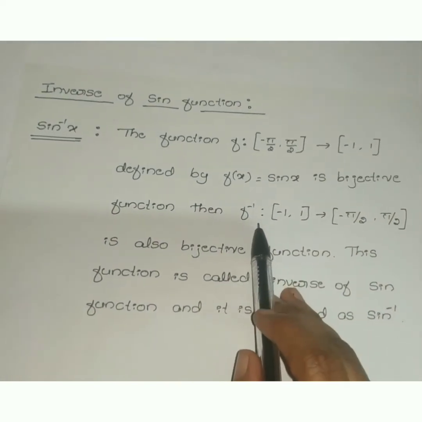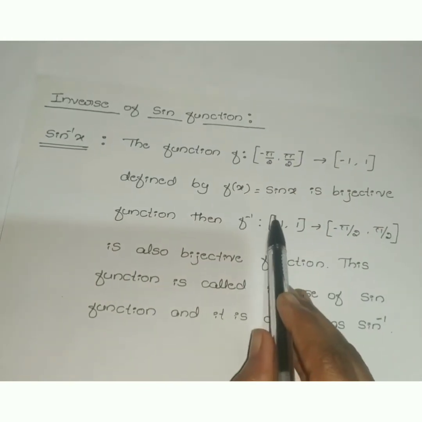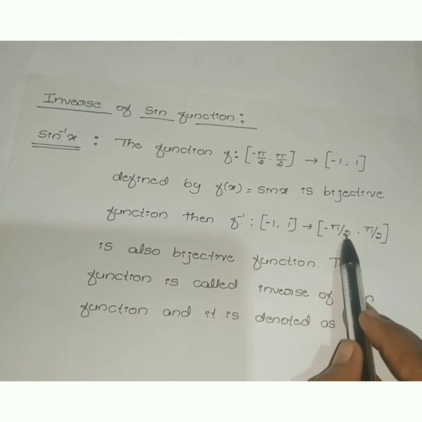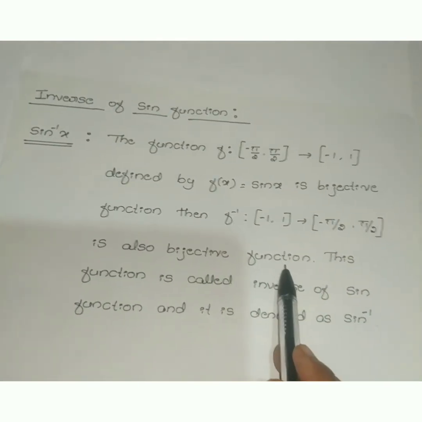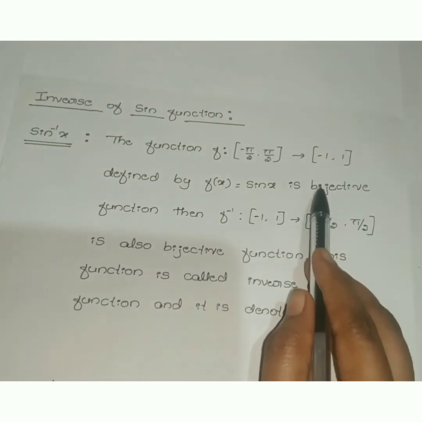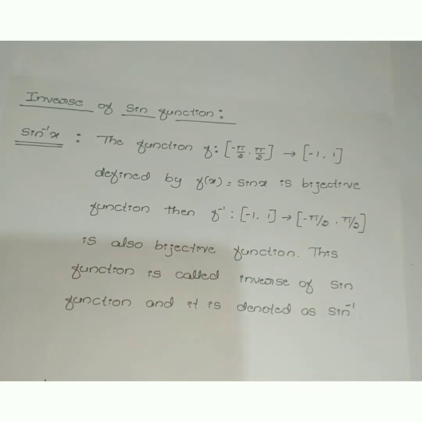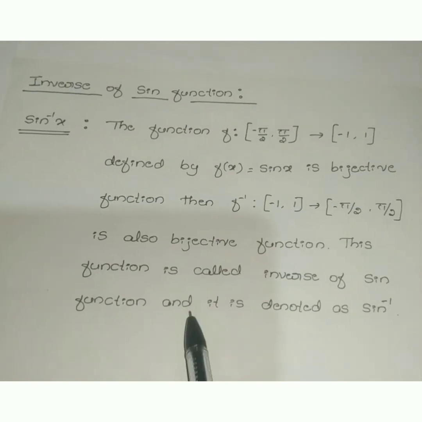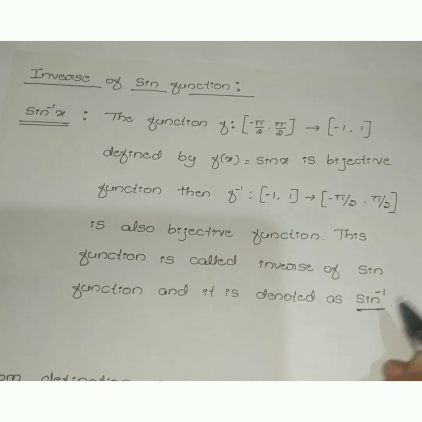Then f inverse is mapping, changing the domain and range values, closed interval minus 1 to 1 to the closed interval minus pi by 2 to pi by 2, is also a bijective function. So you already know that the function is bijective, then inverse function is also bijective function. This function is called inverse of sine function and it is denoted as sine inverse.